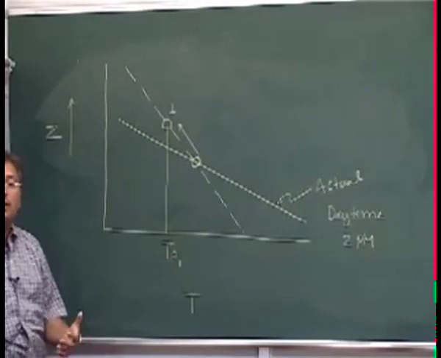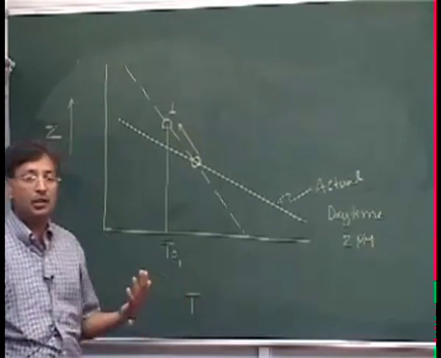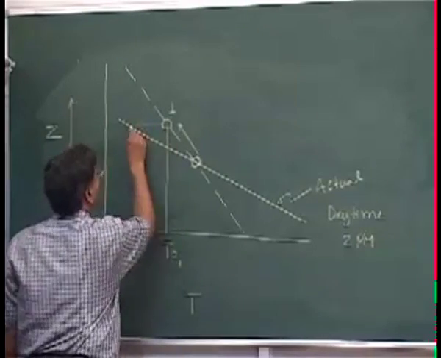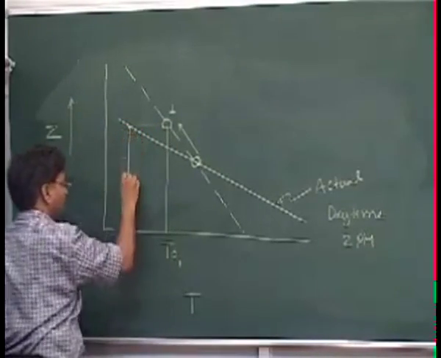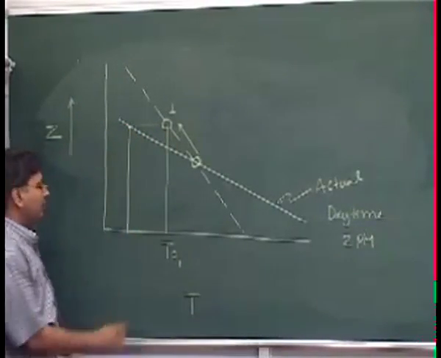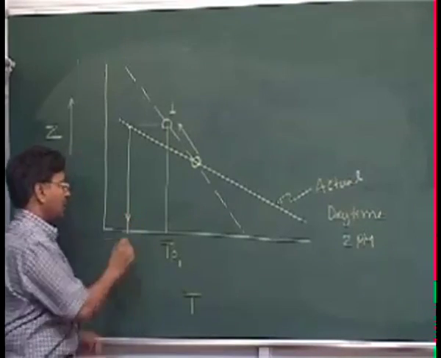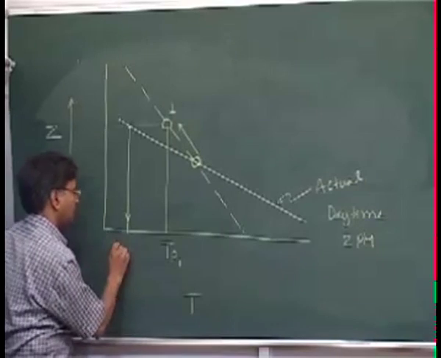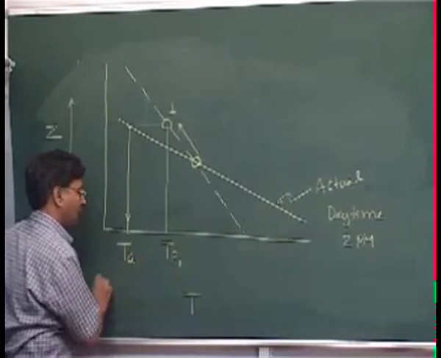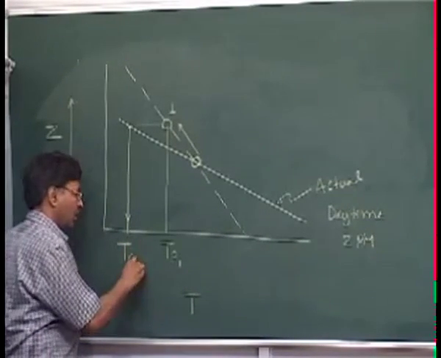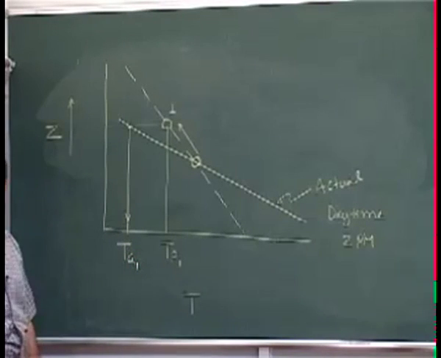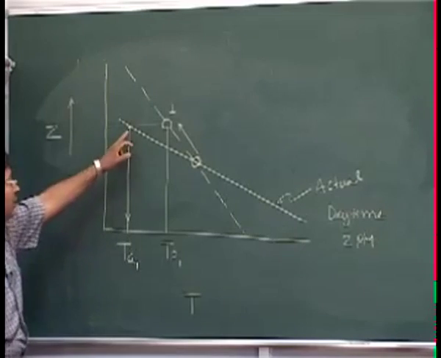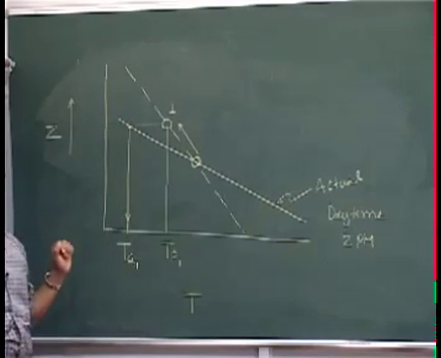What is the temperature of the air surrounding the pollutant? You agree that this will be the temperature of the air, because my actual air is like this. Let us call this T air at position number 1. So what will happen to the pollutant?